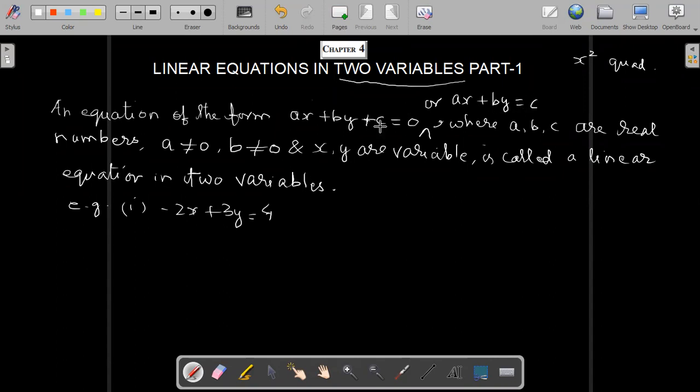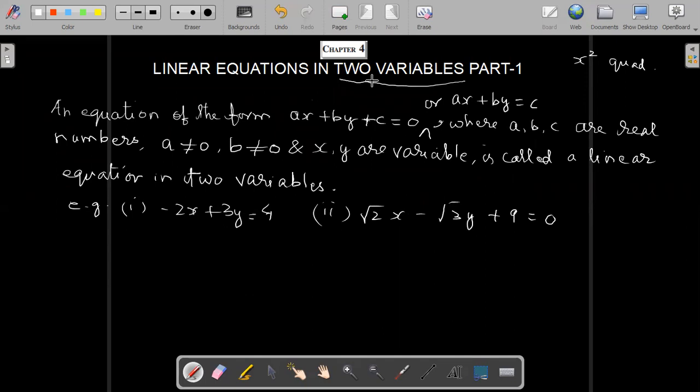Whether c is written on the left side or right side, it is a linear equation. For example, minus 2x plus 3y is equal to 4 is a linear equation. Root 2x, where root 2 is a real number.